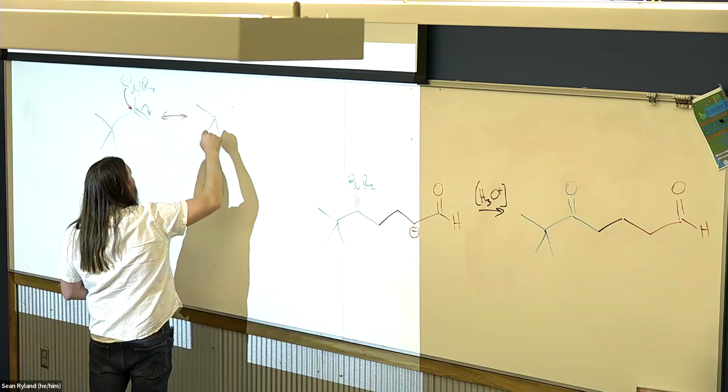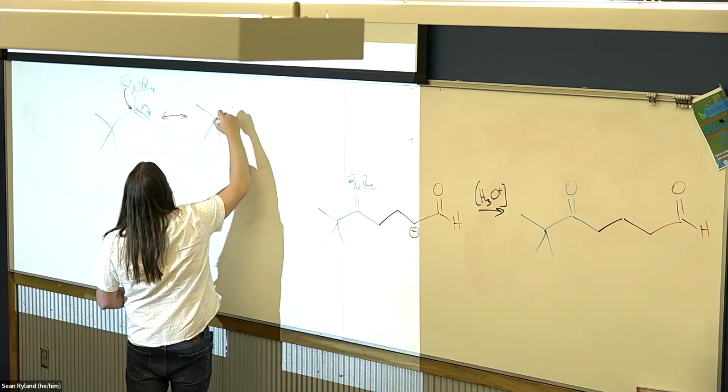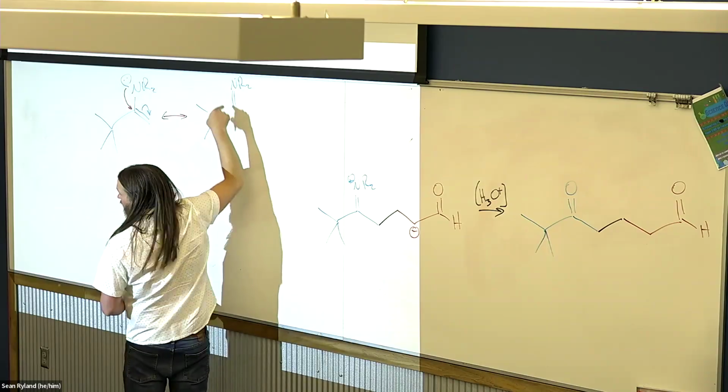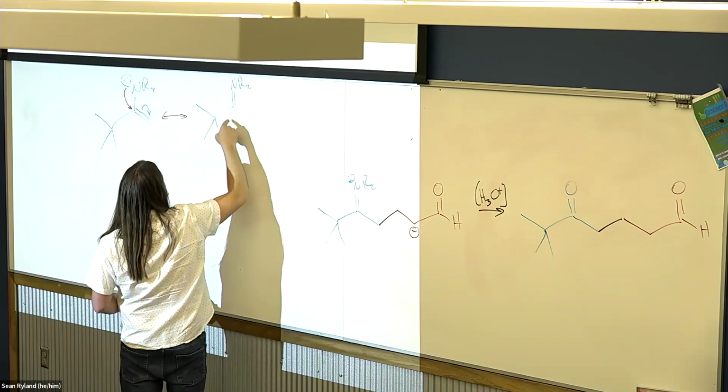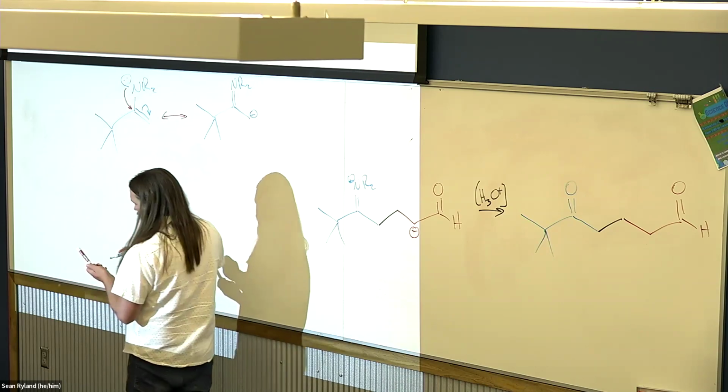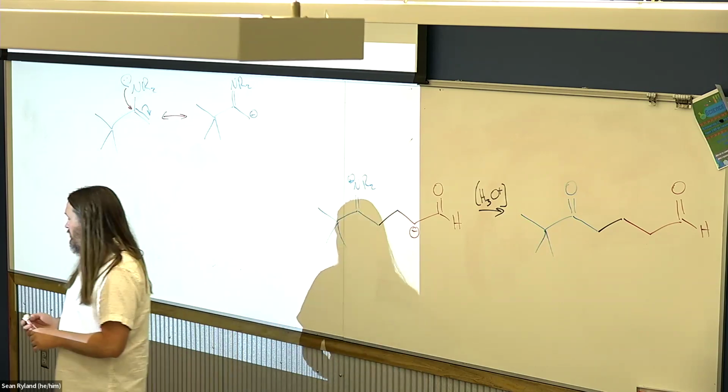So once you do that, your resonance structure is going to look like a double bond between the nitrogen and the sp2 carbon, and you push the pair of electrons over.